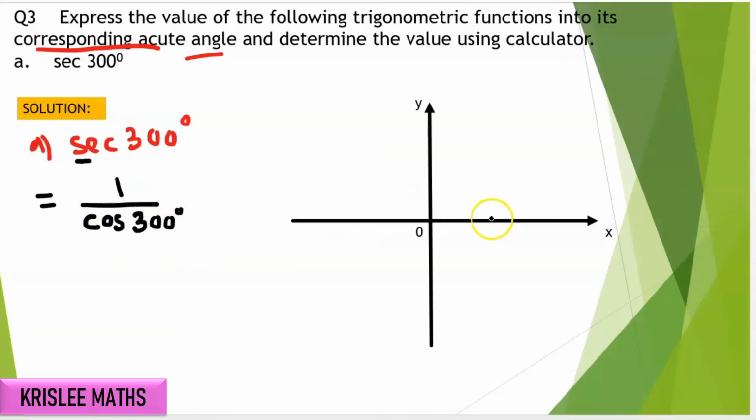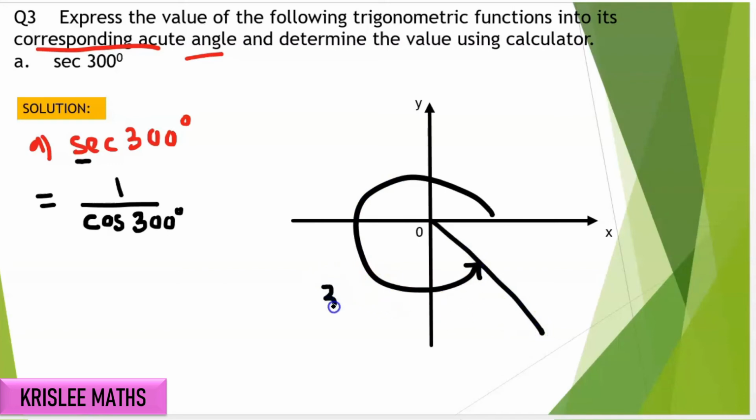Now here cos positive 300. Therefore, we move in anti-clockwise direction, and you will reach the 4th quadrant. The acute angle, remember, must lie between the x-axis and the radius. Therefore, if this is 300, the acute angle is 60 degree.